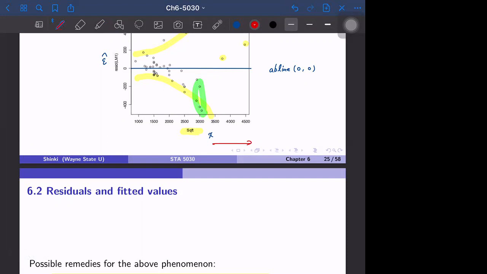For example, we fit the measured weight on y and the actual weight on x. Then if the actual weight is larger, the measurement error also gets larger.